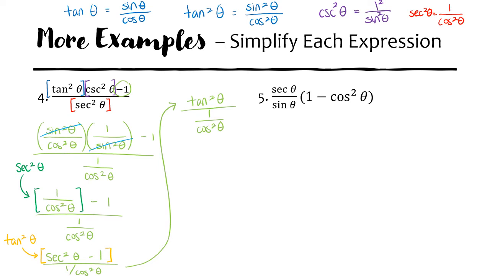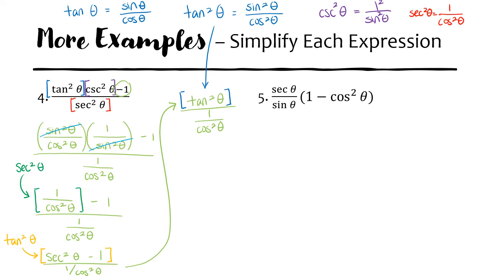Now, let's see. I think I do want to go ahead and get rid of this complex fraction. I want to multiply tangent squared by the reciprocal of my denominator there. But at the same time, I'm going to take the step of turning tangent squared, like we did before, into sine squared over cosine squared. Remember, we did that kind of in our first step as well.